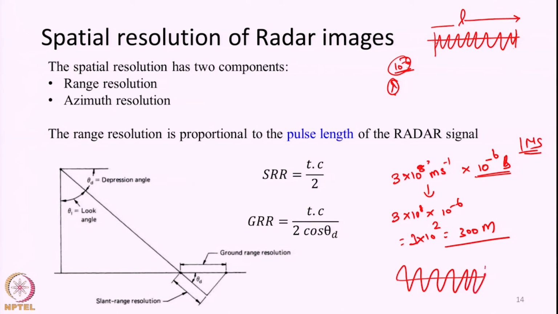So, this pulse has a length of 300 meters. The time duration for which the pulse is transmitted will determine the pulse length. So, if two objects have a difference in distance of more than half of the pulse length, then they will be resolved as two different features.